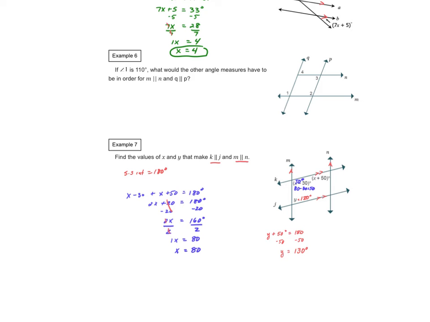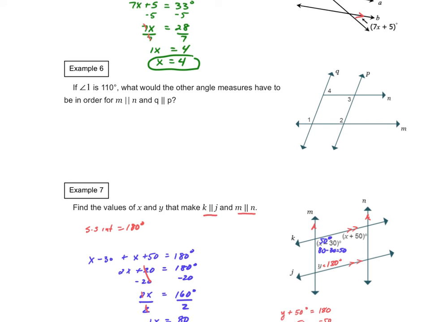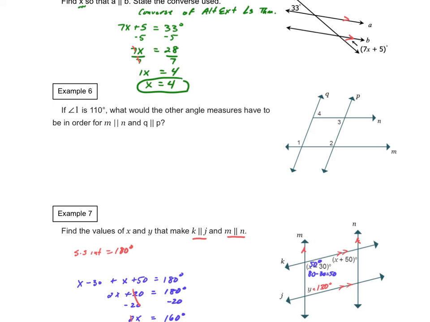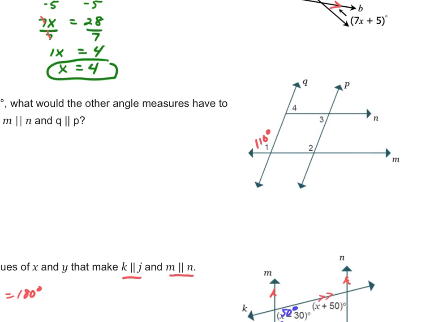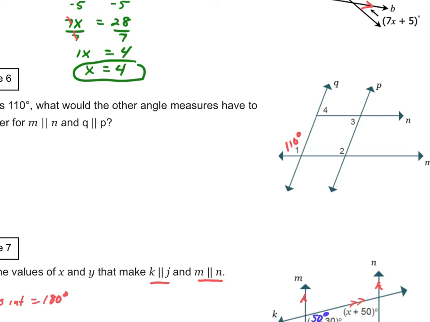Now, let's see here. Come back up to example number 6. It says, if angle 1 is 110 degrees, what would the other angle measures have to be for M to be parallel to N and Q to be parallel to P? Okay, well, we know that angle 1 and angle 2 should be corresponding angles.